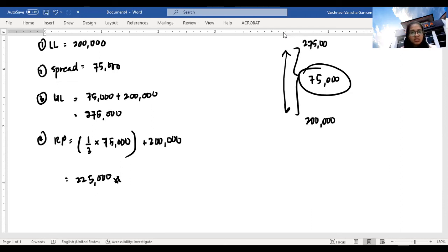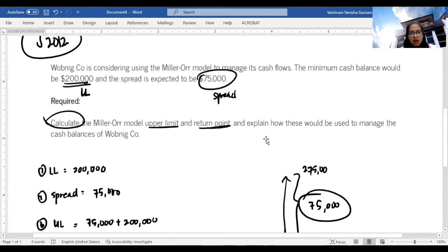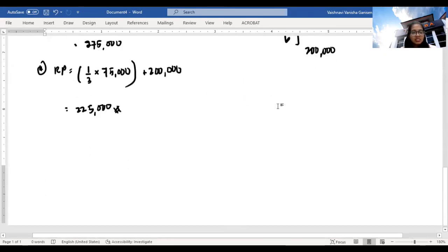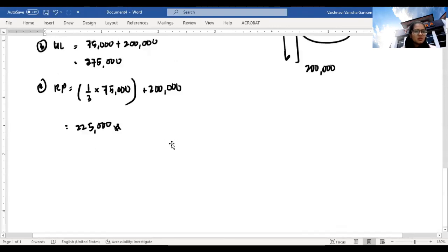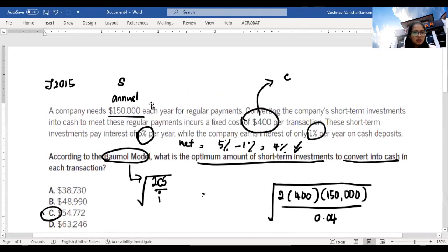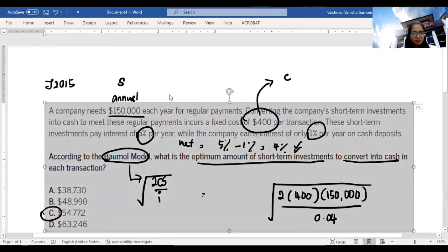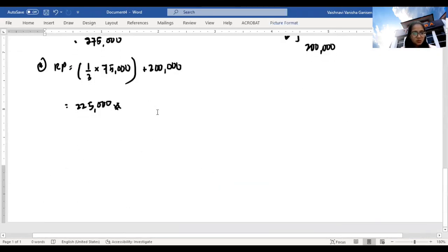All right. So he has also asked you, how would this be used to manage the cash balances? So when he asks you how it's used to manage the cash balances, what would you say? Okay. You have to explain to him, number 1, you are identifying the lower limit to check what is the lowest cash requirement.